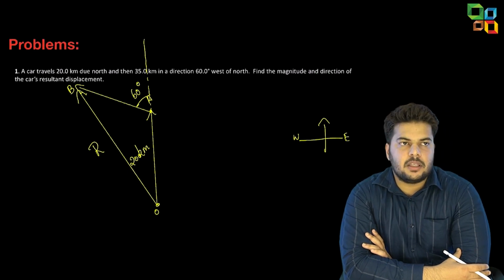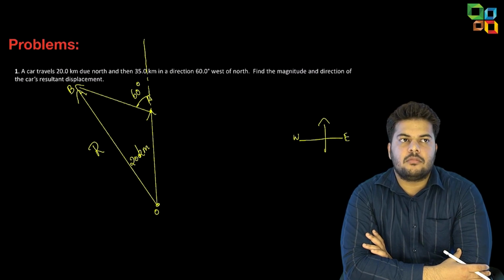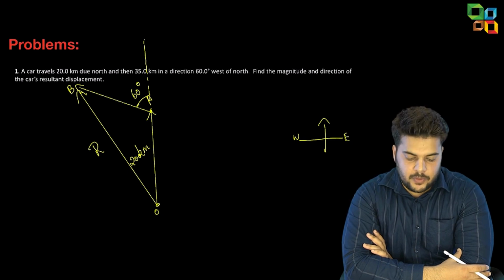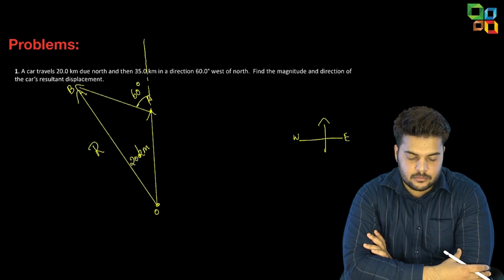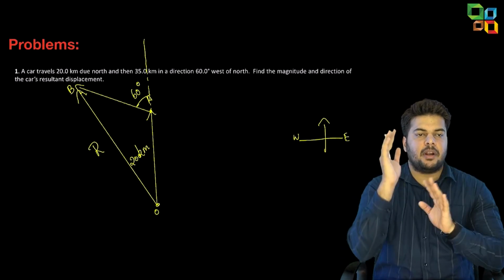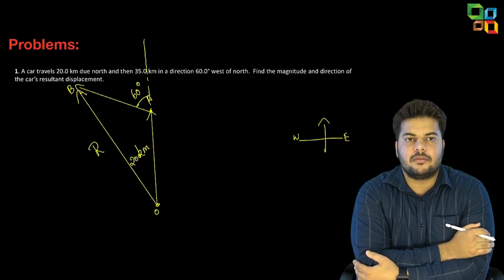Can we apply the Pythagorean theorem? To apply the Pythagorean theorem, we'll need a right angle triangle. Do we have a right angle triangle? No, sir. Can we get a right angle triangle? Can we do some mathematical trickery to get a right angle triangle?